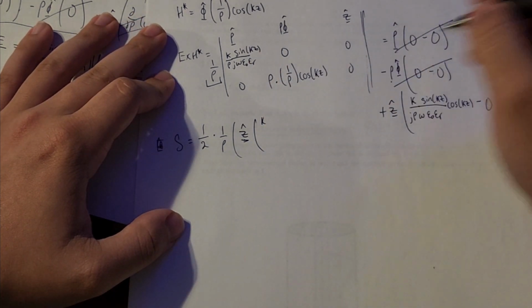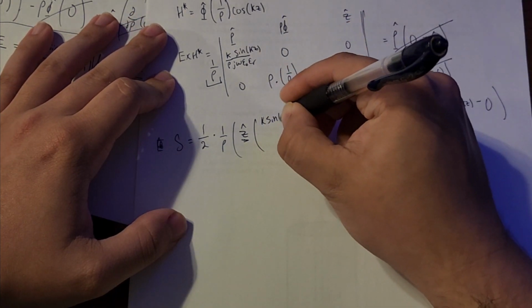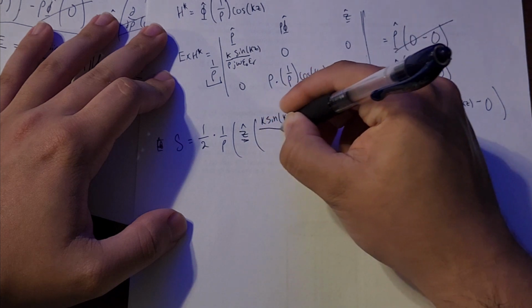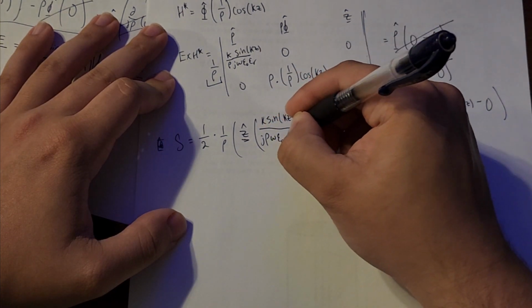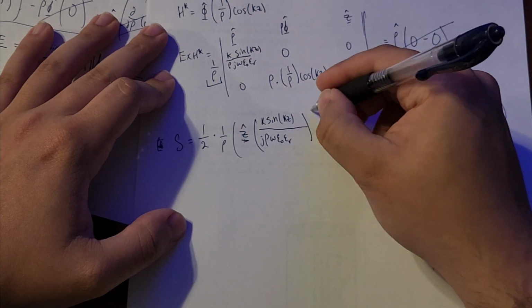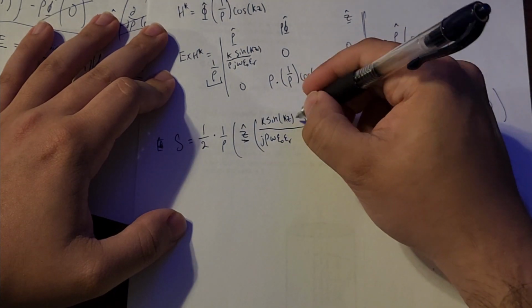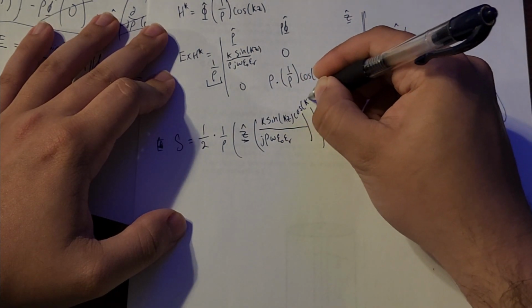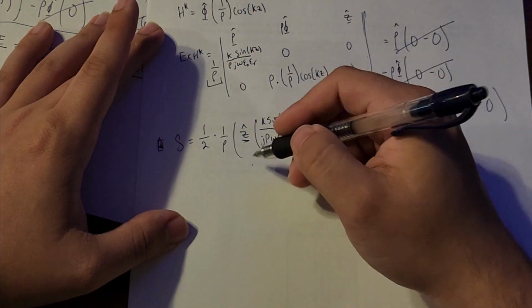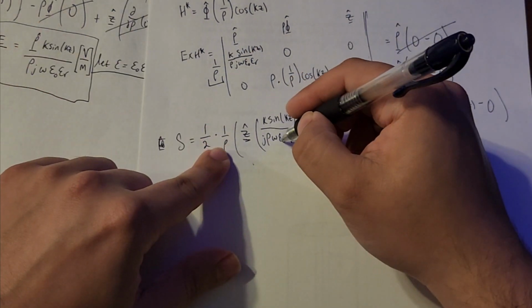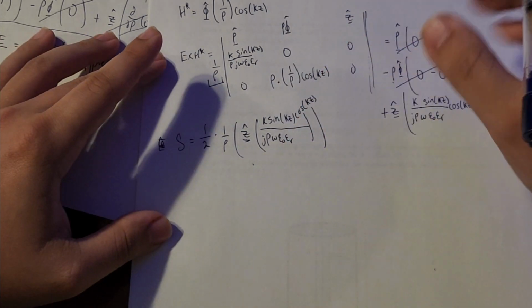So k sine of kz over j rho omega epsilon naught epsilon r. I didn't miss anything. Oh, cosine kz, my bad. Cosine kz, make sure that gets in there. So this is our Poynting vector. Rho times rho is rho squared. We can put that there.